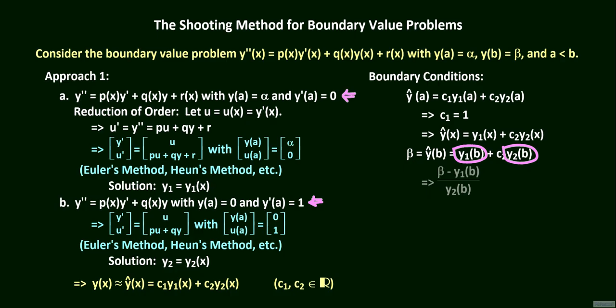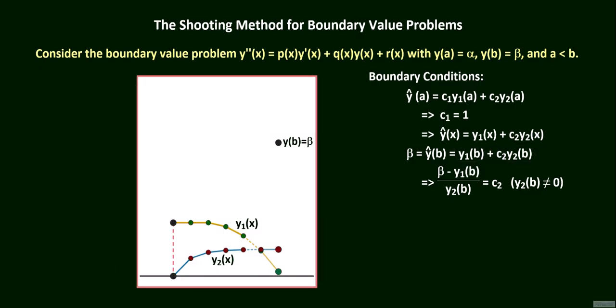So we find that beta minus y sub 1 of b all over y sub 2 of b equals c sub 2, provided that y sub 2 of b is not equal to 0. The graph of y hat as a linear combination of y sub 1 and y sub 2 might look like the one being drawn on screen.